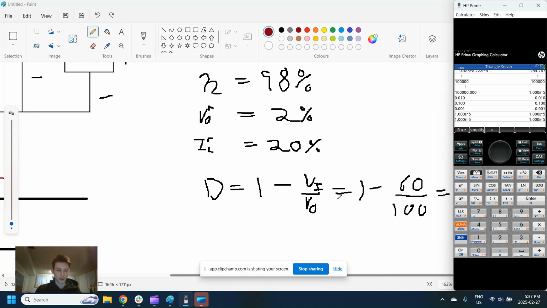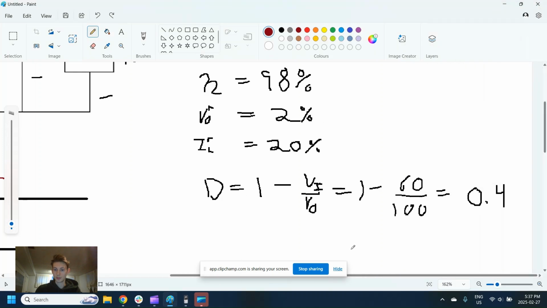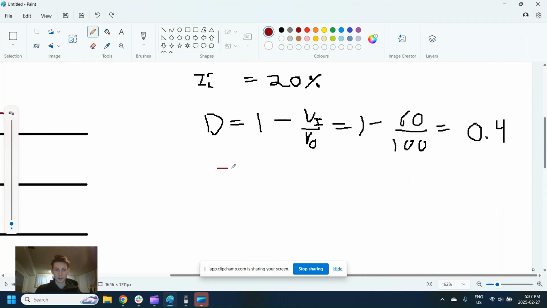Yes, that's correct. So 10 microseconds is our switching period. I'll just put that here as well. T equals 10 e negative 6 seconds, which is 10 microseconds.